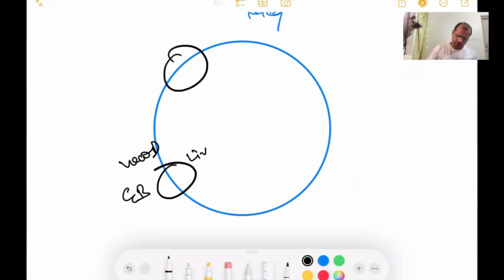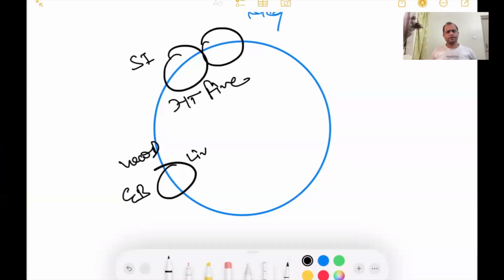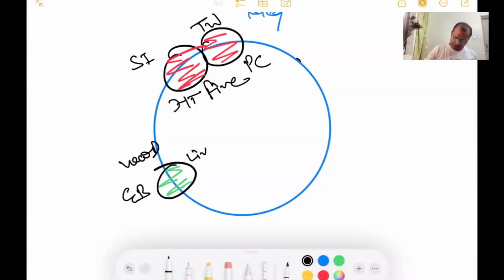The meaning of fire means heart and small intestine, as well as pericardium and triple warmer. This is the fire. The meaning of earth element is spleen and stomach.